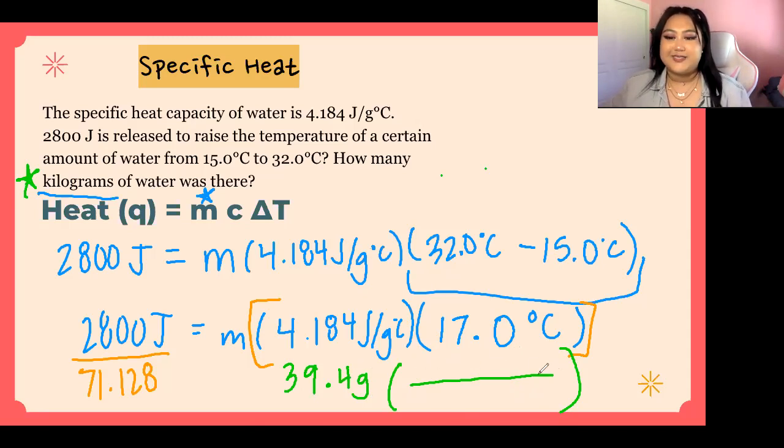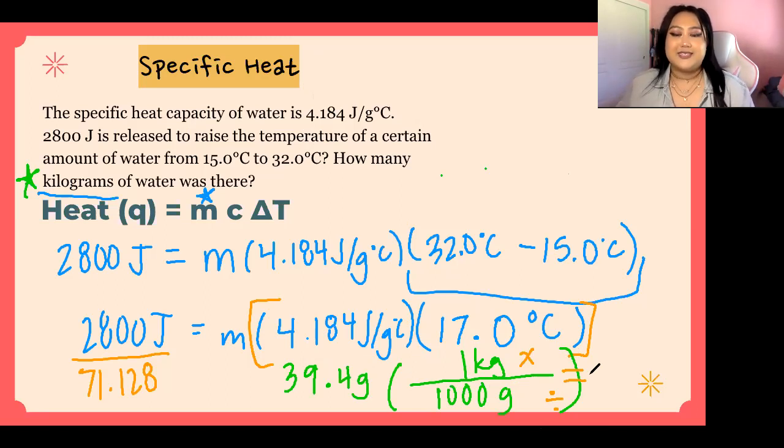How many grams go into 1 kilogram? It would be 1,000 grams at the bottom and then 1 kilogram at the top. Yeah, perfect. Like every unit conversion, if it's on the bottom, we divide. If it's on the top, we multiply. Since it's on the bottom, we would have 39.4 divided by 1,000, which equals our final answer. Can anyone give me the final answer?